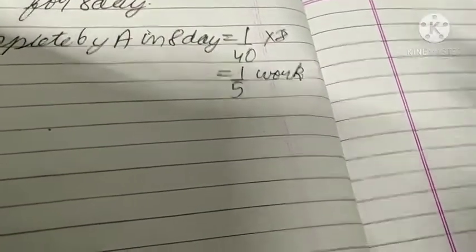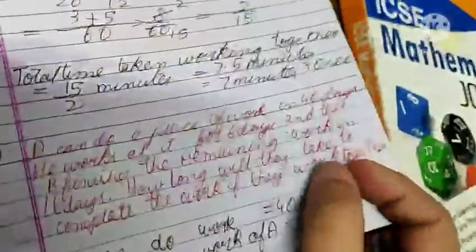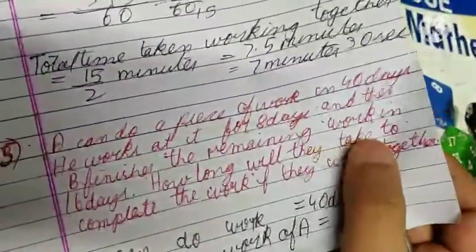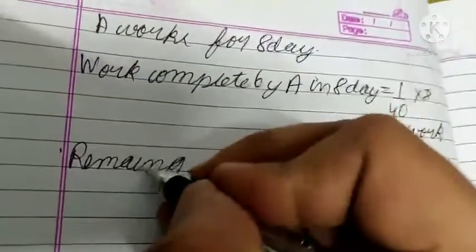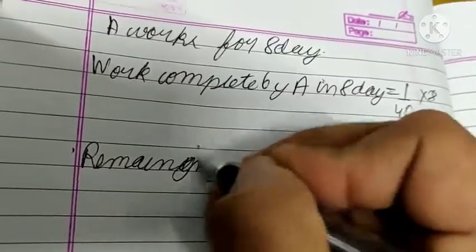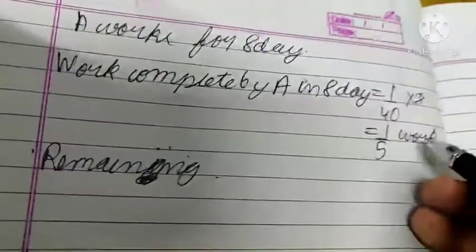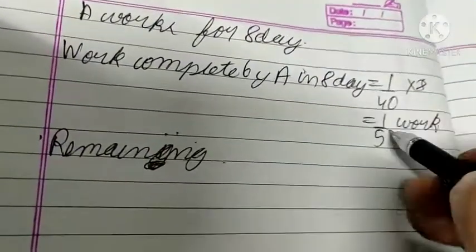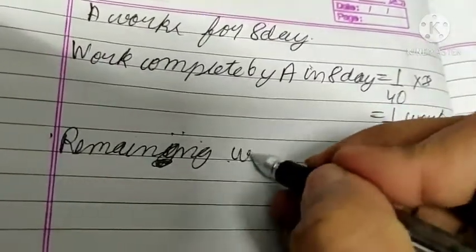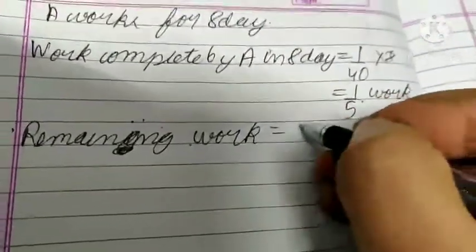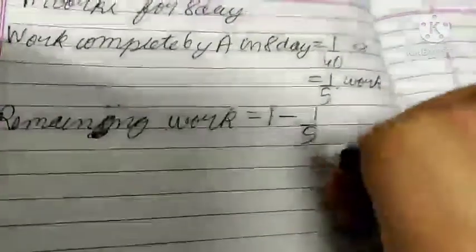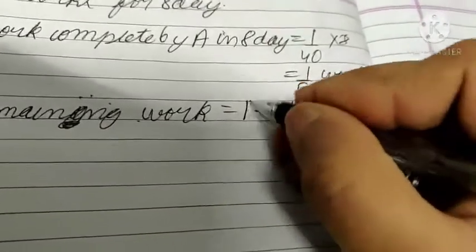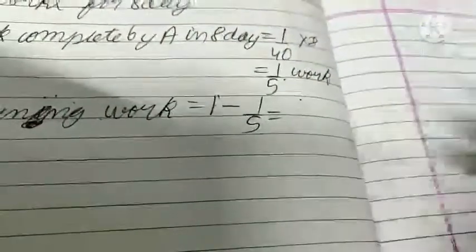And further the question says that B finishes the remaining work. What is the remaining work? When A has completed the 1 by 5th work, A has worked for 8 days, that is 1 by 5th of the work has been completed, so remaining work will be total work, that was 1, and this remaining work is, means 1 wall is to be constructed or 1 house is to be built or something.